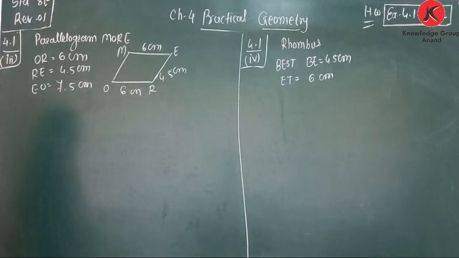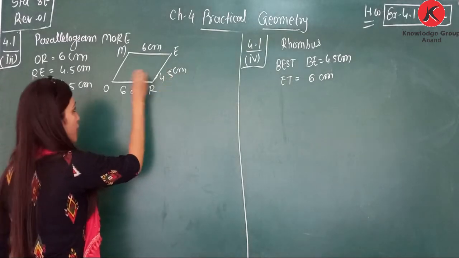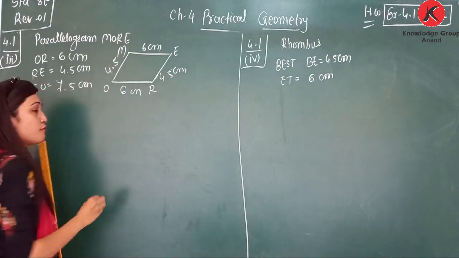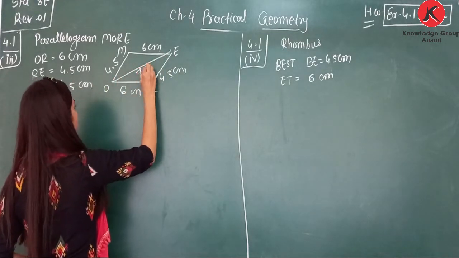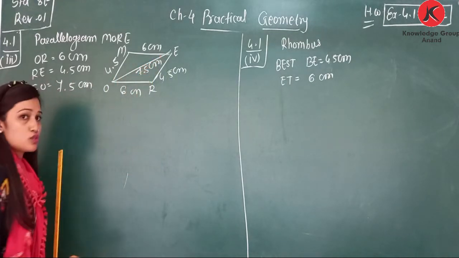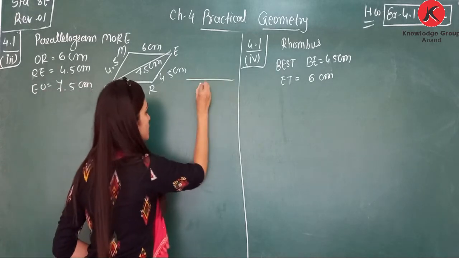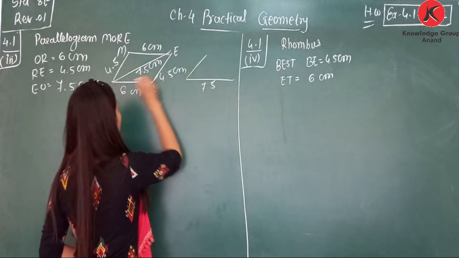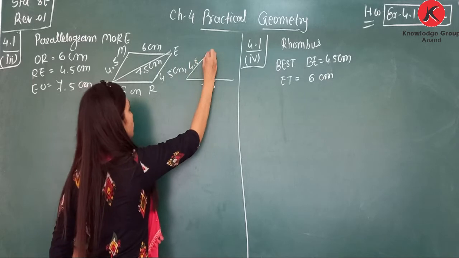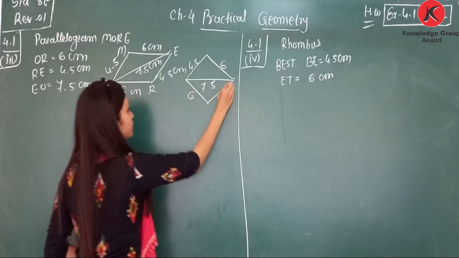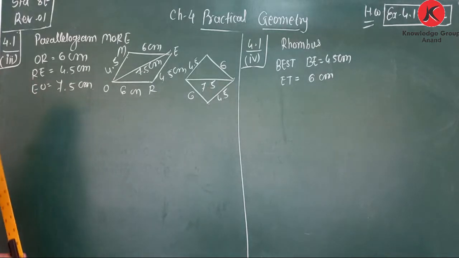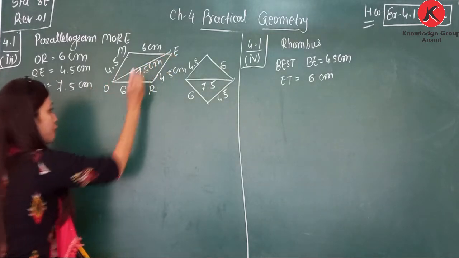Always draw a rough figure. If this is 4.5, this one is also 4.5, and diagonal EO is given 7.5 centimeter. So we need to draw 7.5 from this, 4.5 from this, it is 6 and 4.5. Clear?